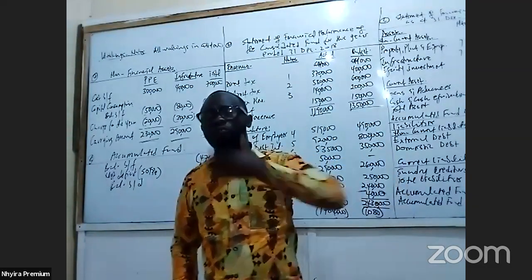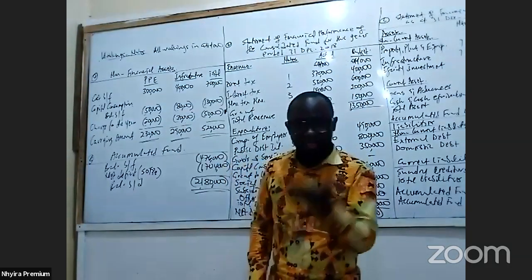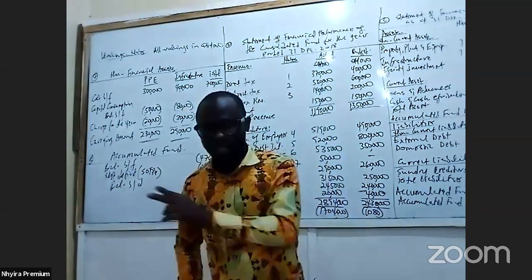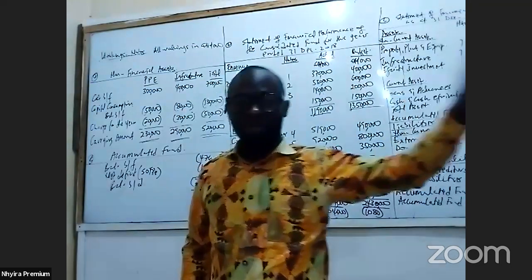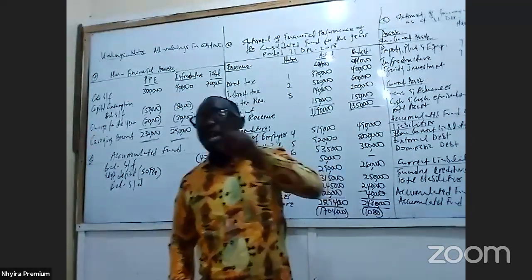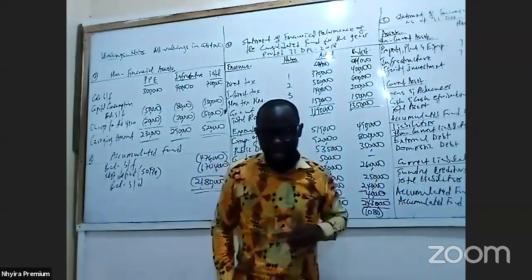Because when it comes to the footnote treatment, you must make sure that it is treated twice. 99.9% of the items in the footnote must be treated twice: once in the income statement, or the statement of financial performance, and the other in the statement of financial position. 99.9% means that a couple of items you just treat once.